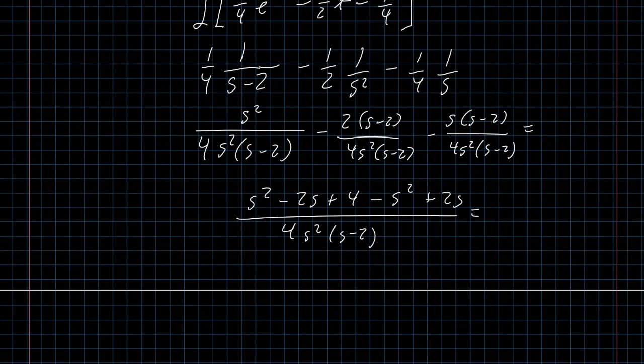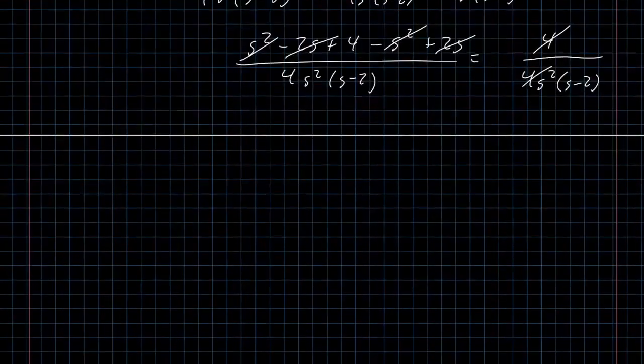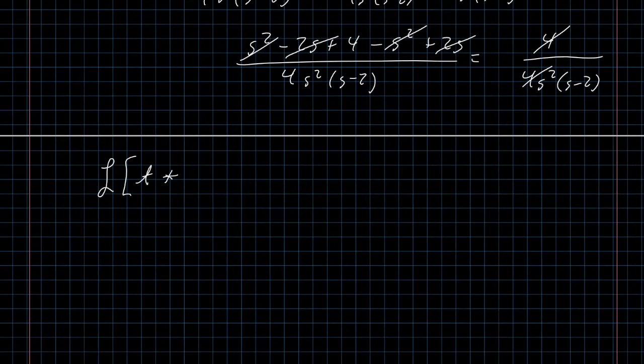And s squared and minus s squared cancel each other out. Minus 2s and plus 2s cancel each other out. 4s cancel each other out. So we get that the Laplace transform of t convolved with e to the 2t is 1 over s squared times s minus 2.